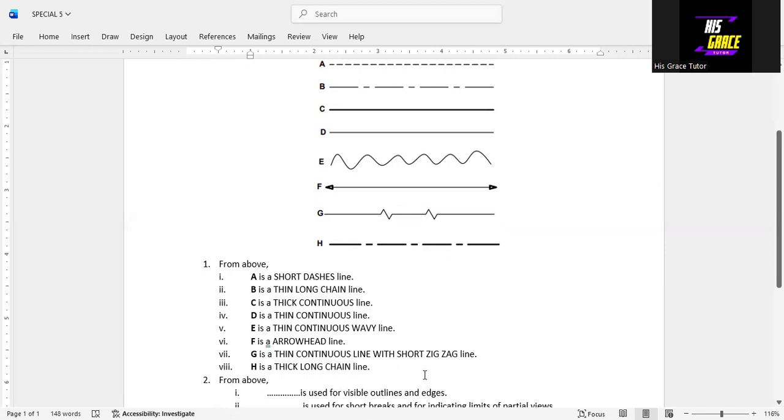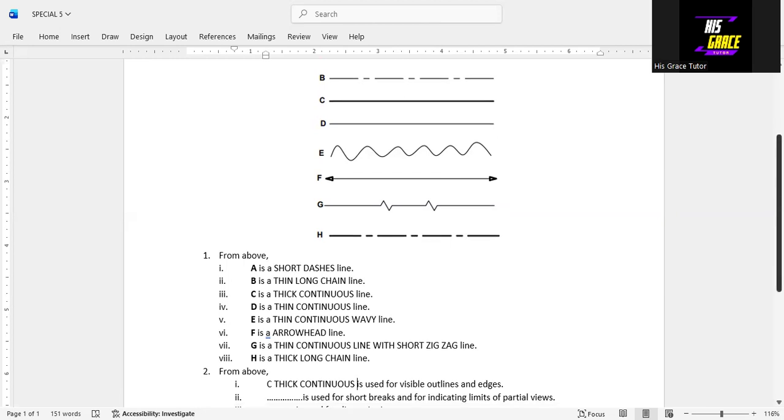From the question, we use C for visible outlines and edges, which is a thick continuous line.